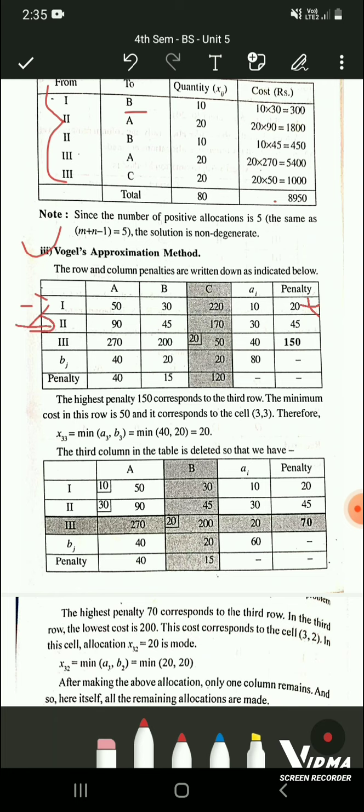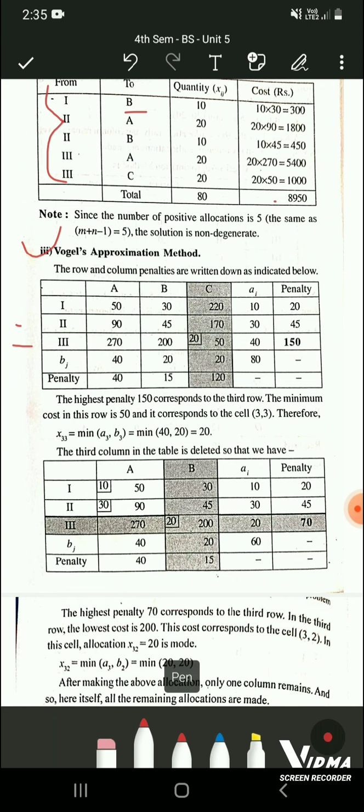Similarly for the second row, lowest value is 45, the next lowest value is 90, therefore you get penalty as 45. And for the third row, lowest value is 50 and the next one is 200, therefore penalty is 150. Similarly you have to find out penalties for each column.